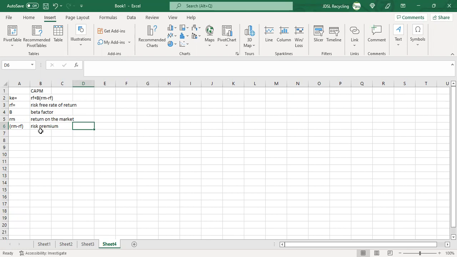If we deduct the risk-free rate of return from the return on the market, it will still give us the same risk premium.